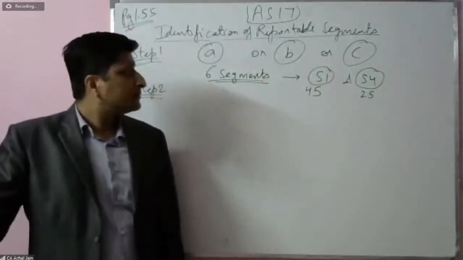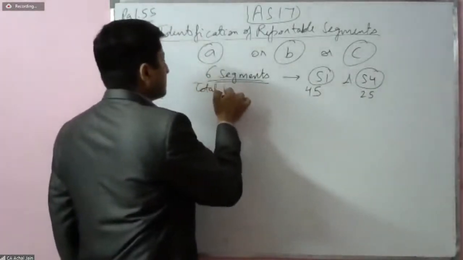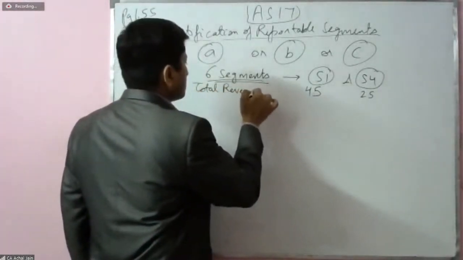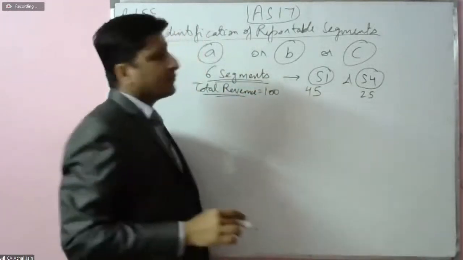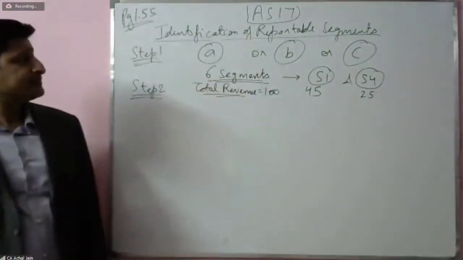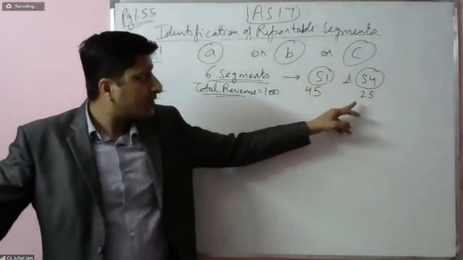Okay. Yeah. Total revenue is what? 100. Total revenue is 100, out of which revenue of S1 is 45, S4 is 25.